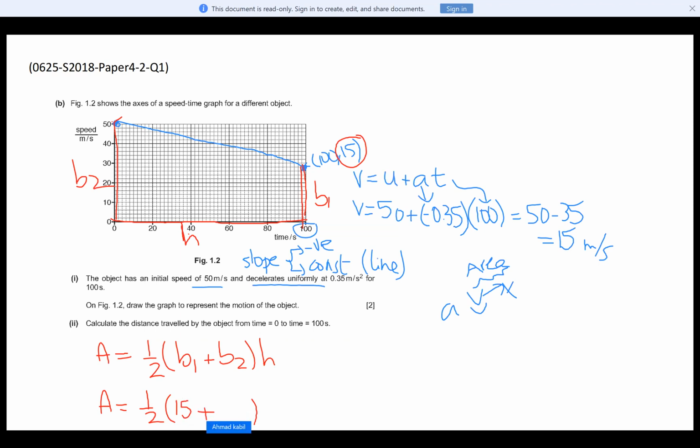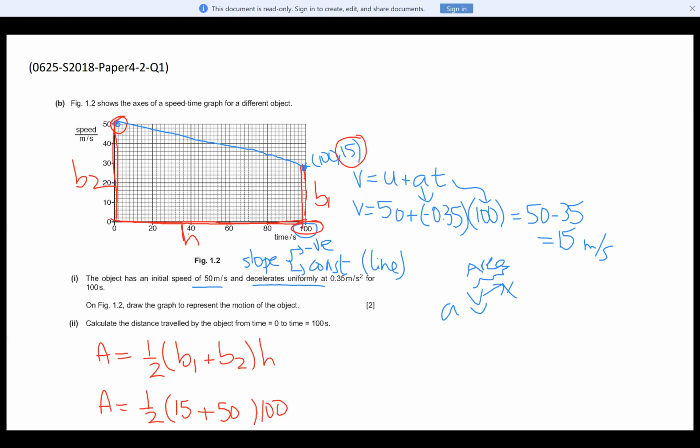And then for B2, this would be the height of the other side, which is 50. So we put 50 here. Finally, the height is the horizontal distance between them, which would be the 100. And we put 100 underneath the H like this.